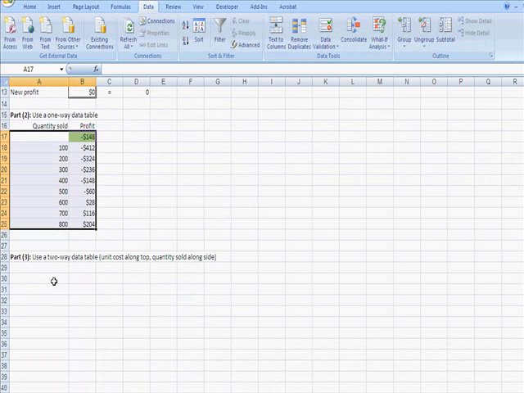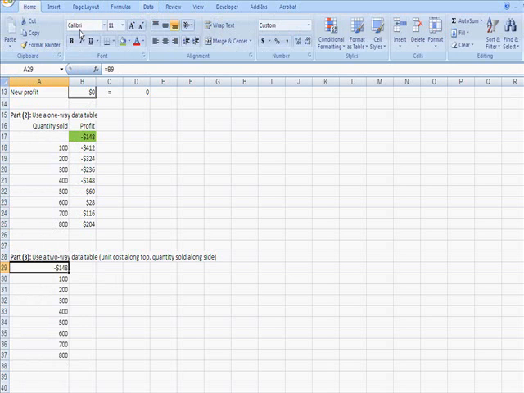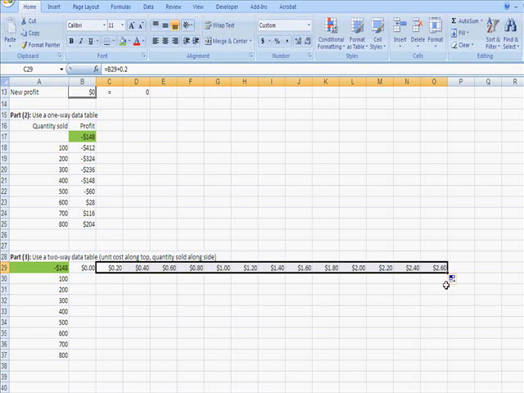Likewise, we can do a two-way table. B9, and we can do quantity sold and the amount that they pay for.